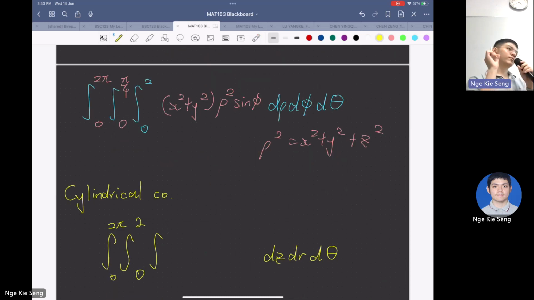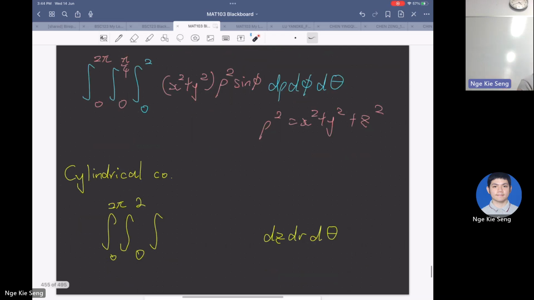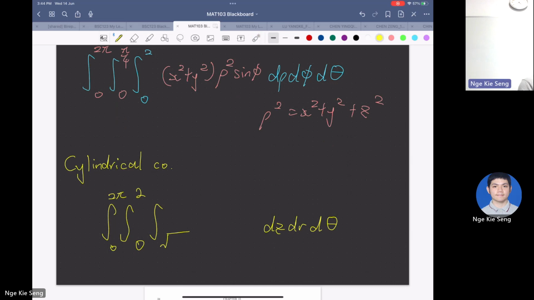Now is the place where you need to do the sharpening. How do we do this sharpening here? At the origin, what's the radius? 0. And then you increase all the way up to 2. How you increase is going from square root of x squared plus y squared to 2.